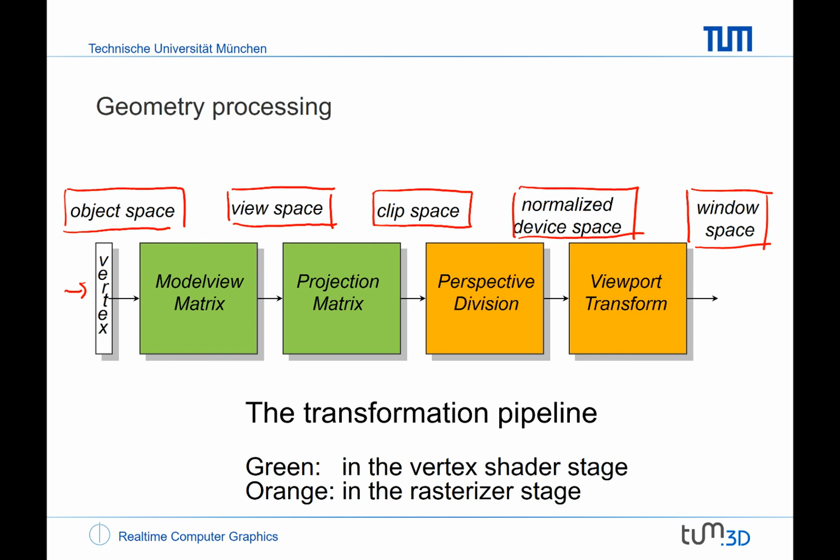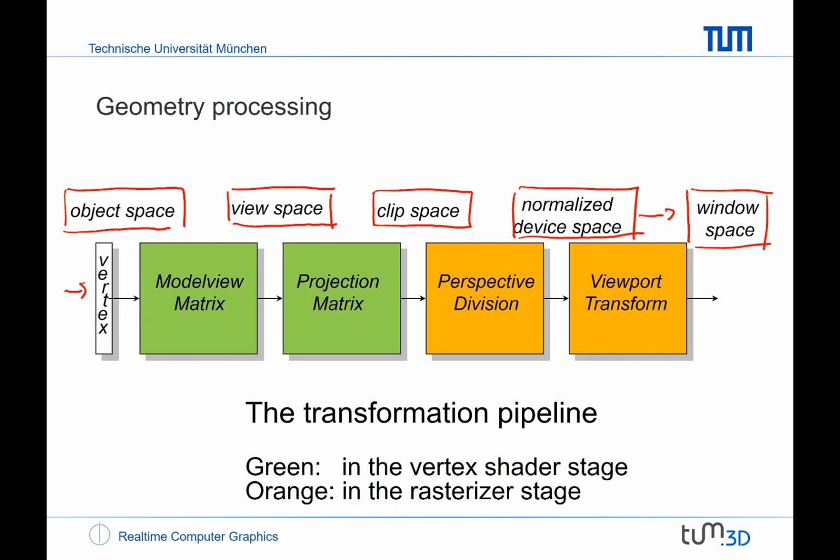So that is the final transformation here, going from normalized device space coordinates into the pixel coordinates. Then you can imagine that this is important for the rasterizer, because the rasterizer really needs to know where the projected vertices come to lie in the pixel raster, because by means of these coordinates, the coverage of the triangles in the pixel raster can be computed.